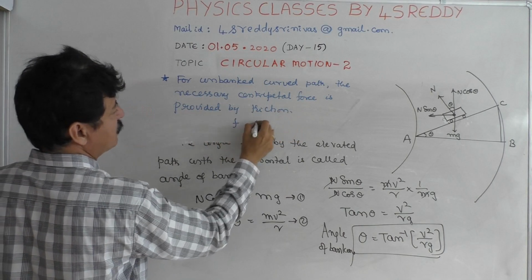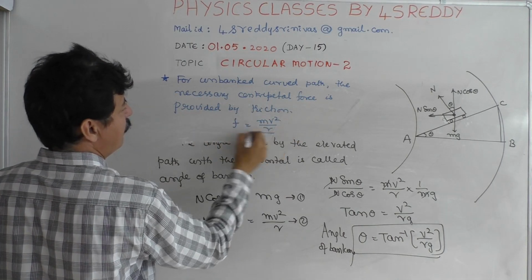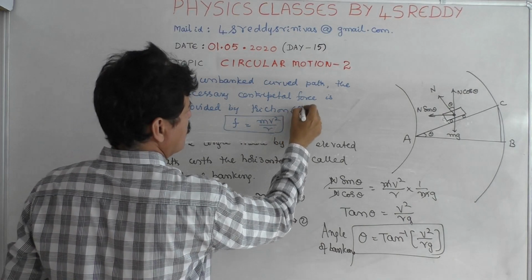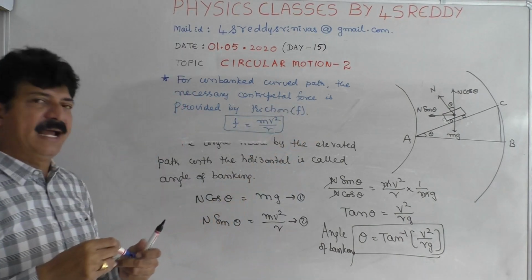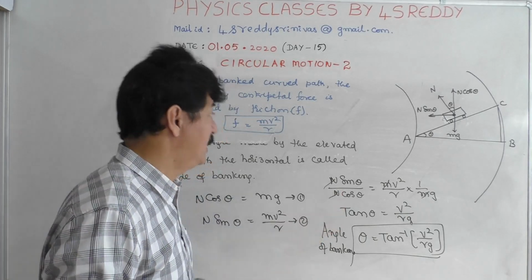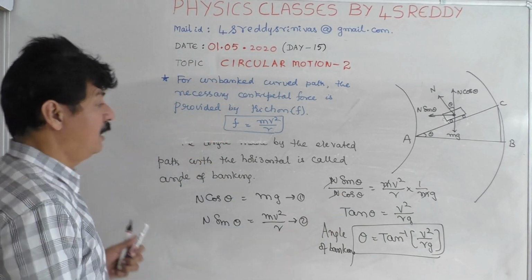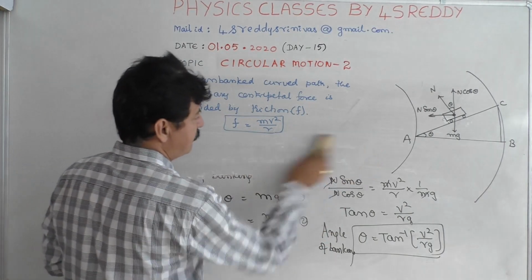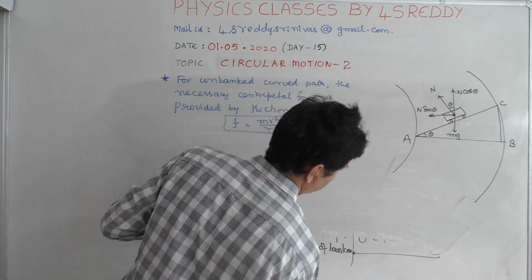Therefore, F is equal to mv square by r. For a banked path, the necessary centripetal force is provided by the horizontal component of normal reaction. This is a very important point.